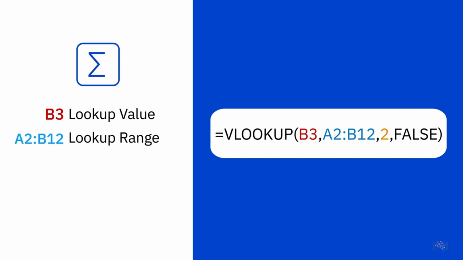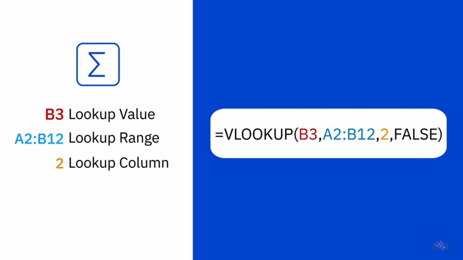A2:B12 is the lookup table or range, that is, the table array or range of cells that contains the lookup value. In a formula, Excel references this as table_array. The lookup table can be on the same worksheet or in another separate worksheet. 2 is the lookup column number, that is, the number of the column in the lookup table that contains the value you are looking for.